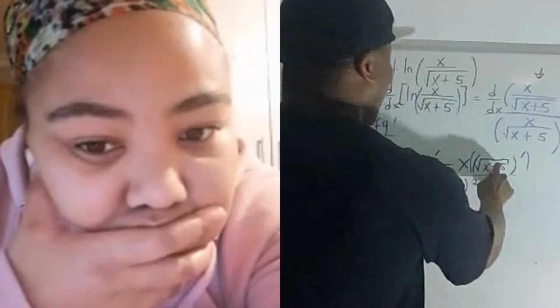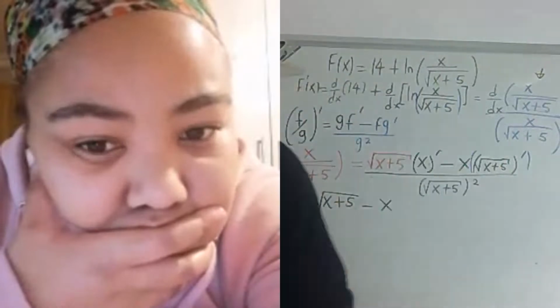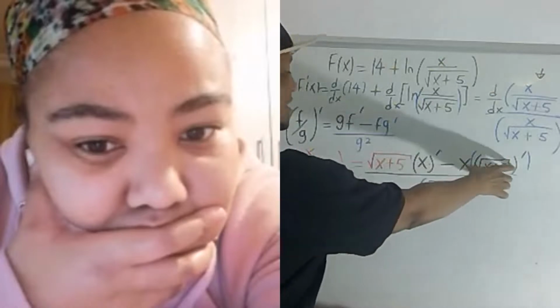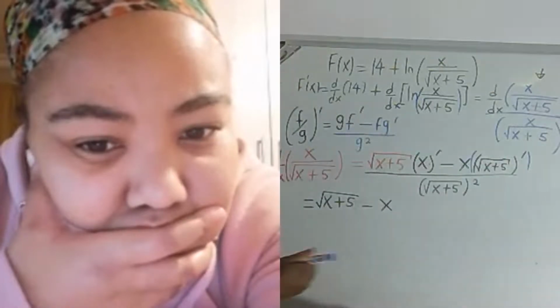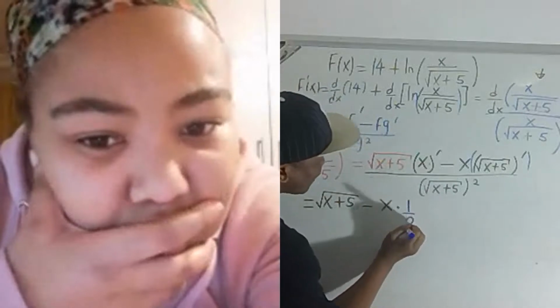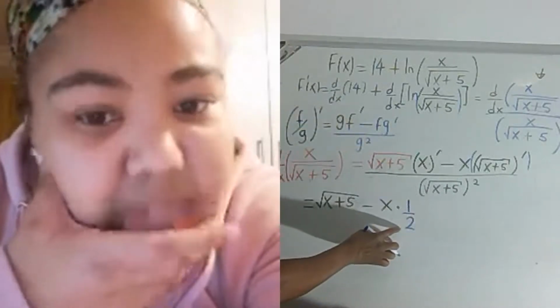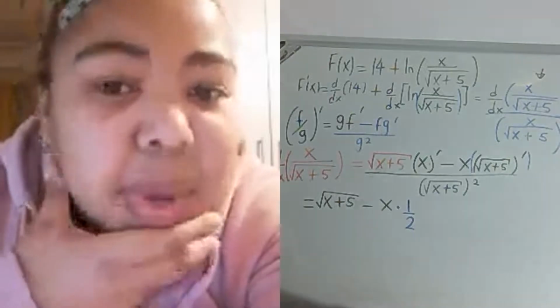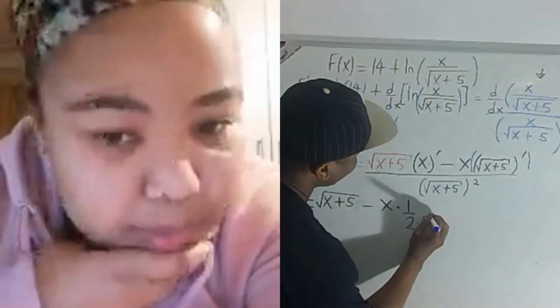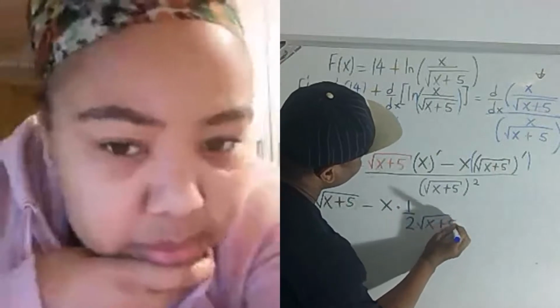Tell me how this is going to come now if you differentiate that. So this is going to be 1 minus x minus x. And how is this going to become? Give me the answer. 1/2. You see how I write my number? Top, bottom. 1/2, and then square root of x plus 5.